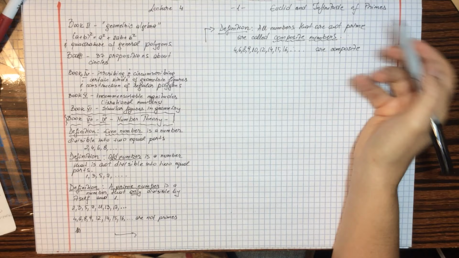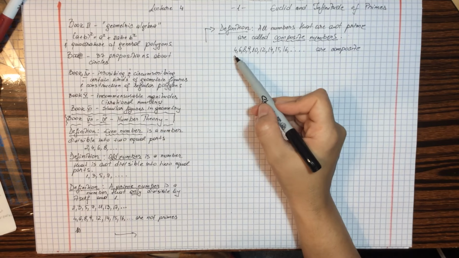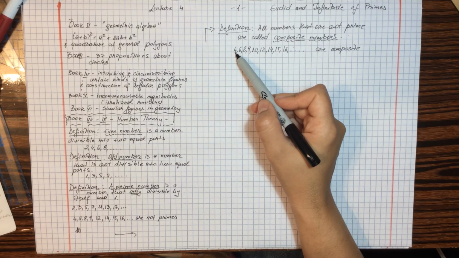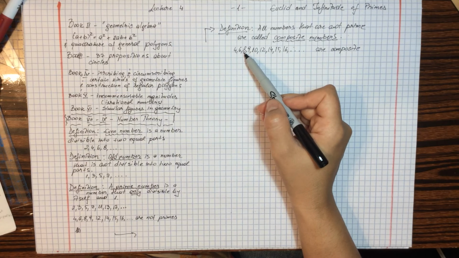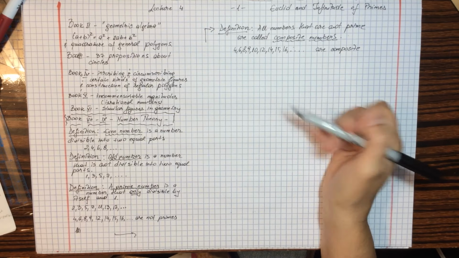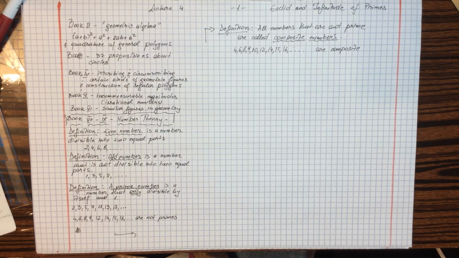Because besides themselves and 1, they are also divisible by other things. For example, 4 is divisible by 4 and 1 and also 2. 6 is divisible by 6 and 1 but also by 2 and 3. Divisors of 8 besides 8 and 1 are also 2 and 4, and so on. So these are examples of composite numbers.